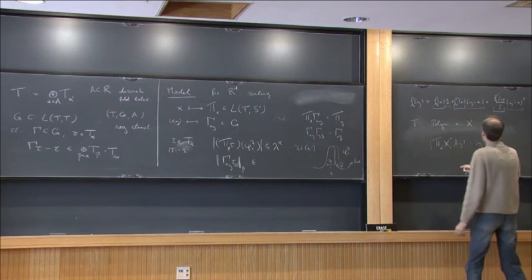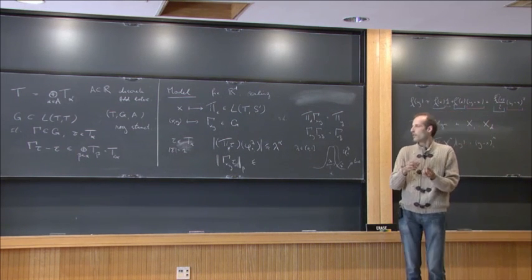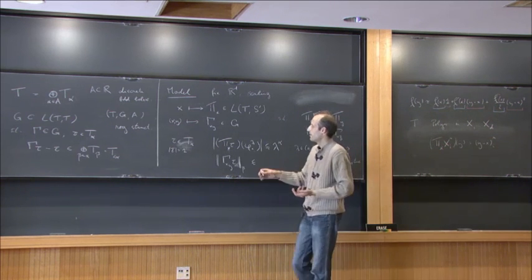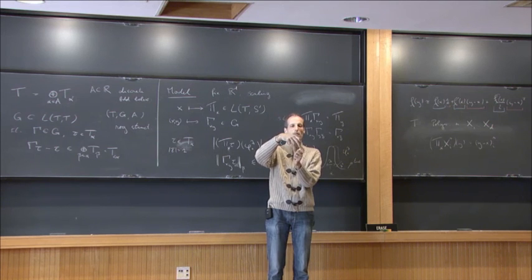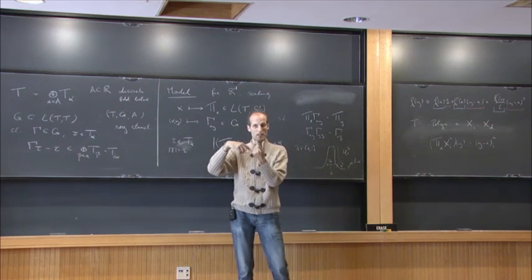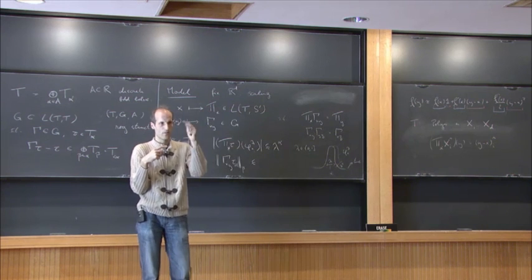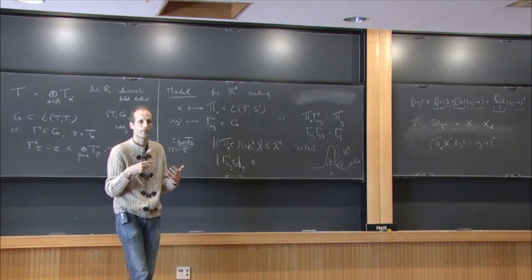Well, just think about what happens when you re-expand the monomial, right? If you take the monomial of degree n and you re-expand around a point which is nearby, and you ask yourself what's going to be the coefficient in front of x to the m for m less than n, it's going to be essentially the distance between the points to the power n minus m, and then some binomial coefficient in front.